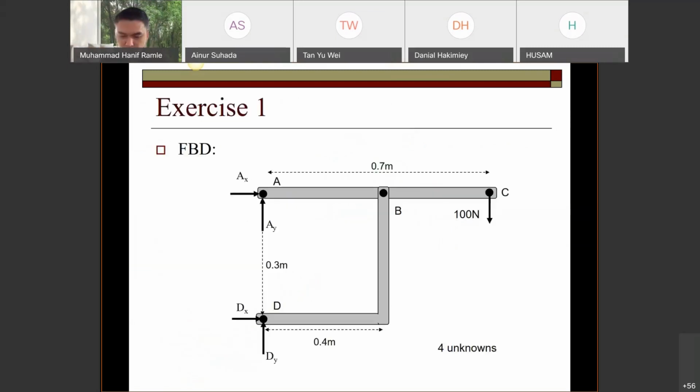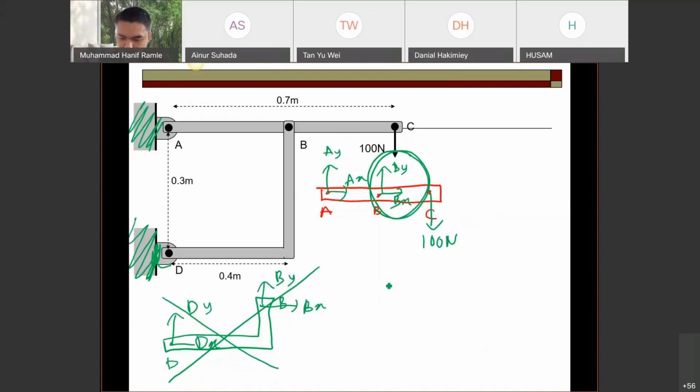Because in the end of the day, you will straightforwardly get the answer. This one is not necessary to be calculated. You can use this ABC, but again, the calculation will be tedious and long.